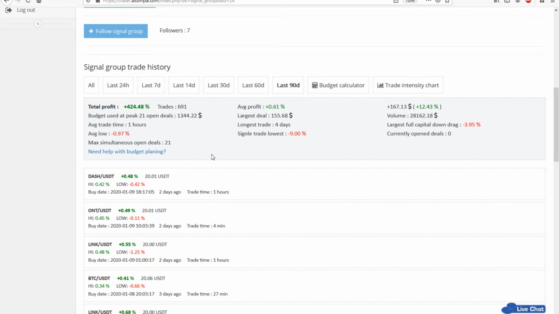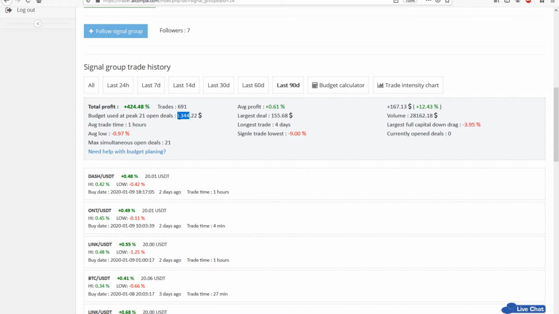This bot in particular has a largest deal that has been recorded of $155, and the maximum budget that was used, when it had 21 open deals simultaneously, was $1,344.